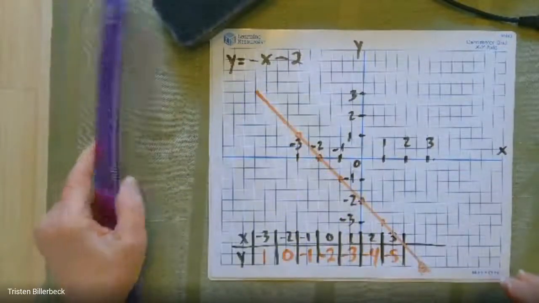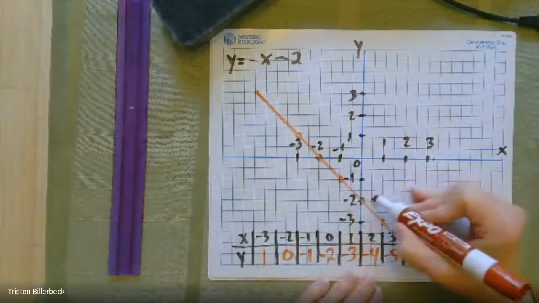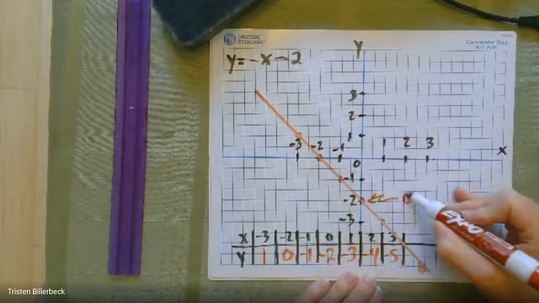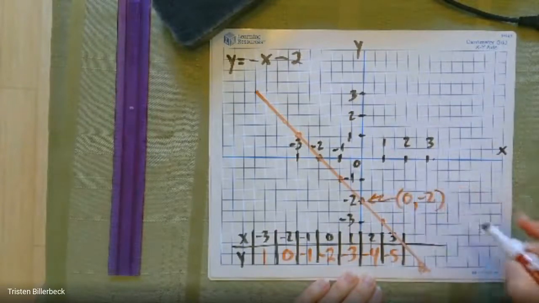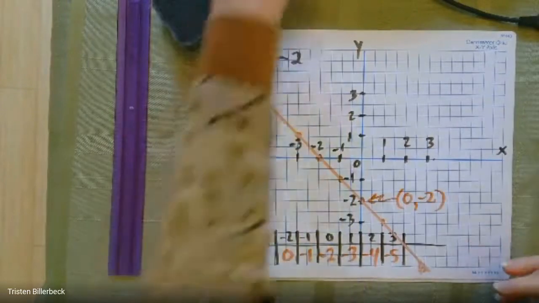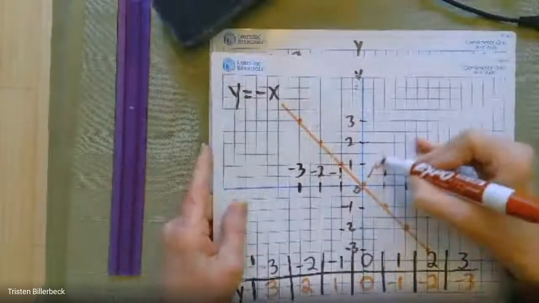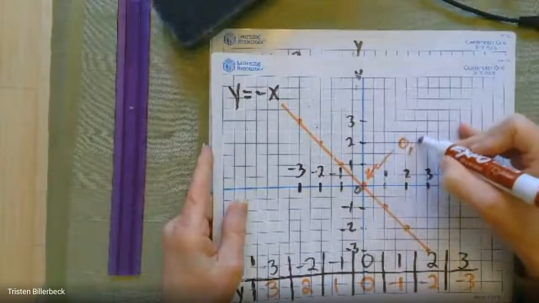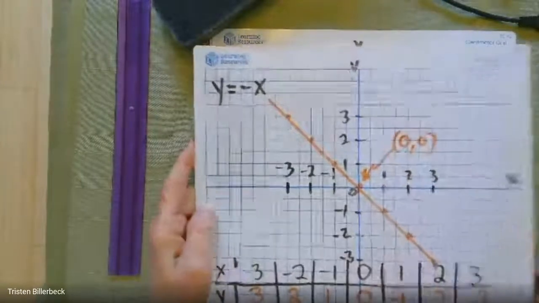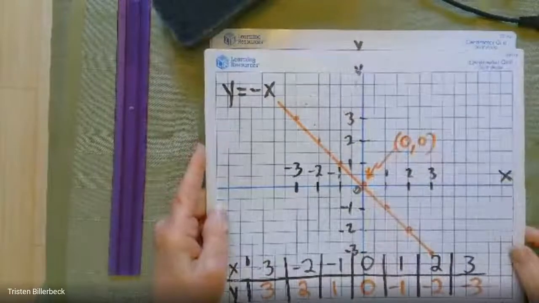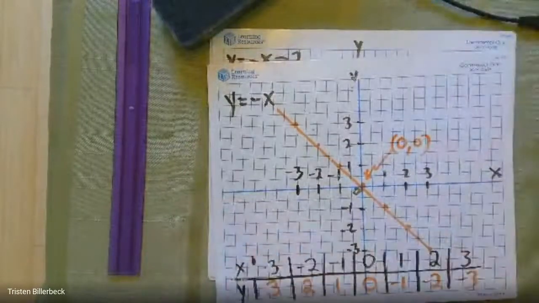Okay, so we have this. Oh, look, we're going through 0, negative 2. This one we went through 0, 0 when we hit the y-axis. And that's a y right there, by the way.